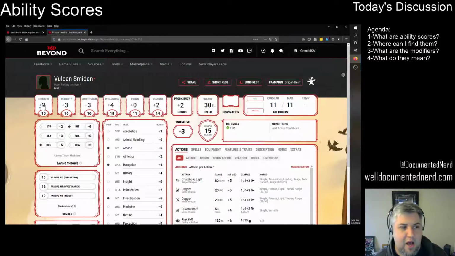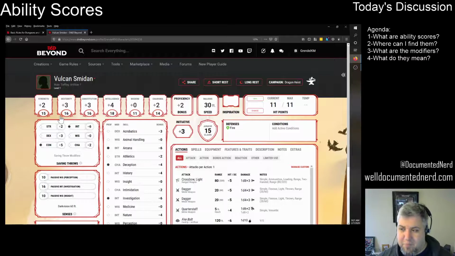Now, DnDBeyond does this calculation for you, and when I put in 18, it said I got a +4. Now, what you'll notice here is that if I look at saving throws, there is no magic here. Strength +2.